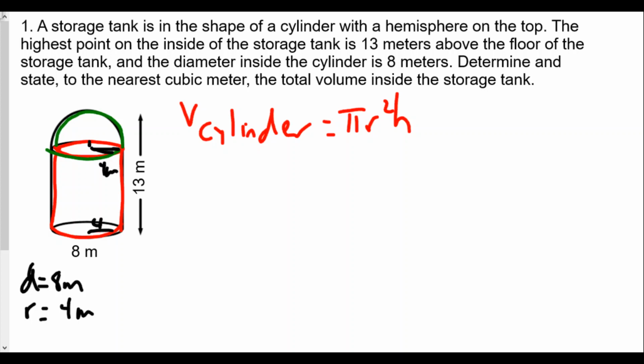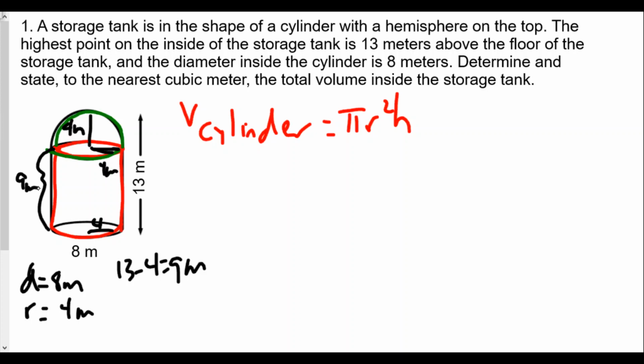But also vertically, because the hemisphere, half of the sphere, has the same radius no matter what, it is 4 meters here. So the measurement for the cylinder has to be 13 minus 4, or 9 meters. That'll be our height here, 9 meters, and our radius will be 4 meters.